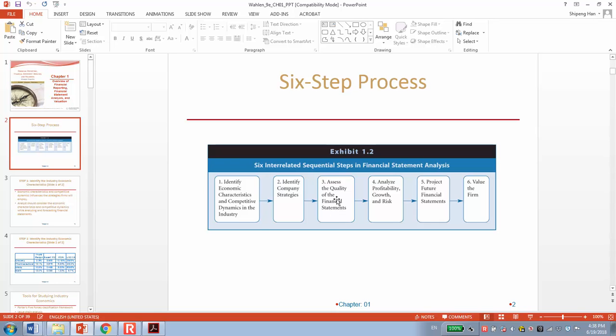And the quality of financial statements and the firm's performance are actually determined by what strategies the company adopts. Different strategies will affect the financial statements and its performance.